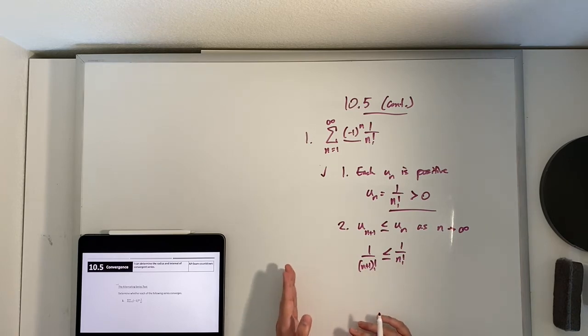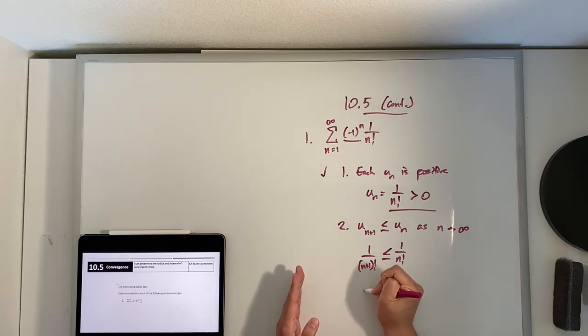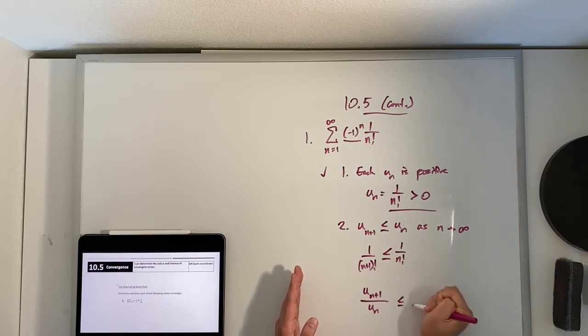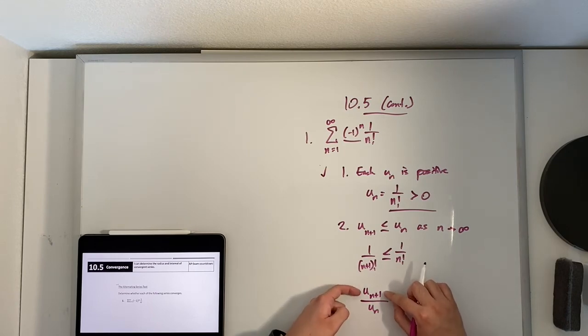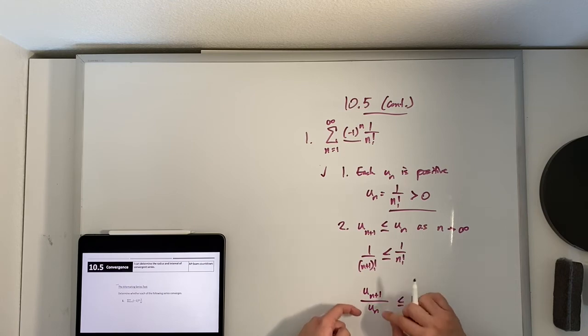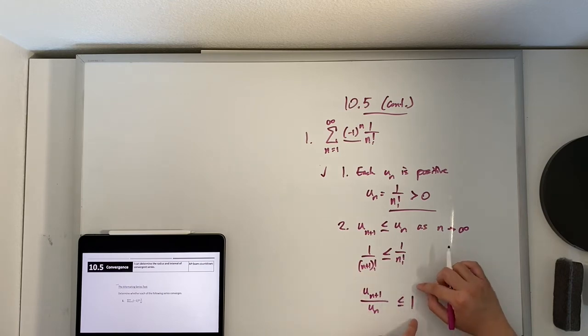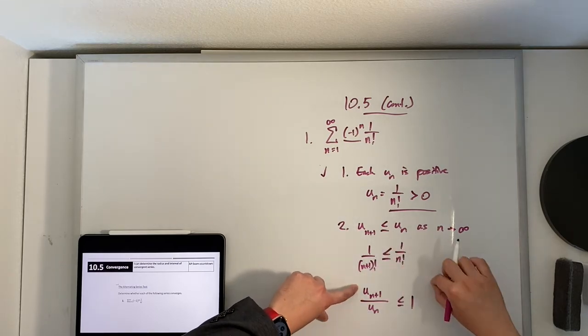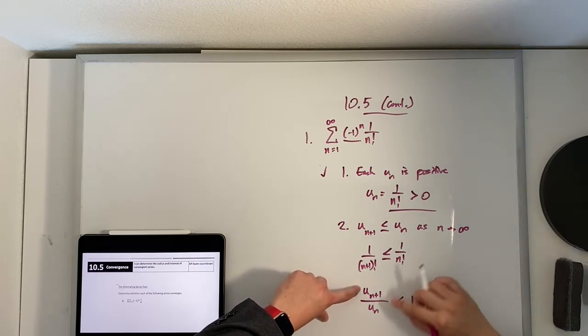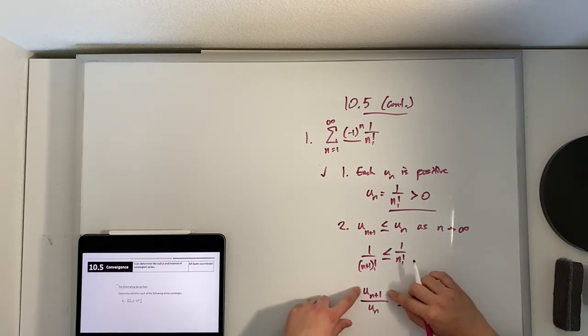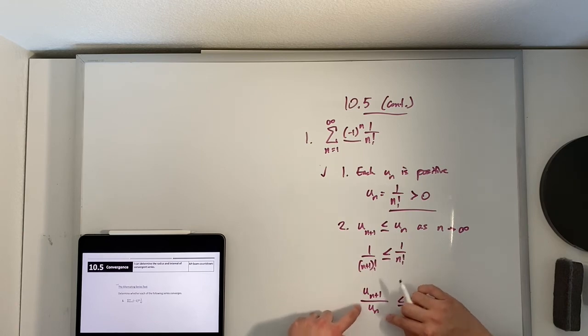Another way of looking at that is to say, is this ratio, is this fraction of u sub n plus 1 over u sub n always less than or equal to 1? Okay. Because if our next term is always less than or equal to the term before it, then this should always be true. Okay, we're never going to get a bigger number on top than on the bottom.